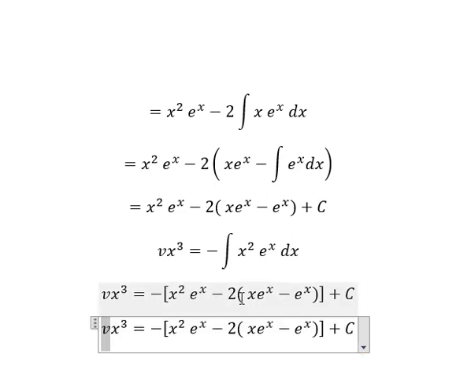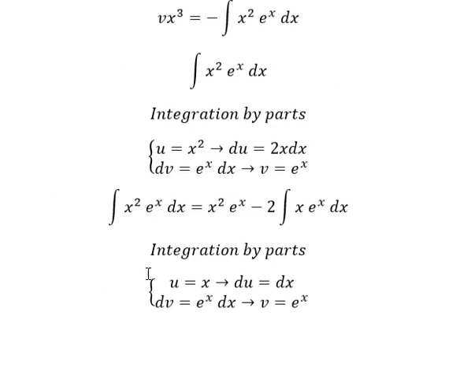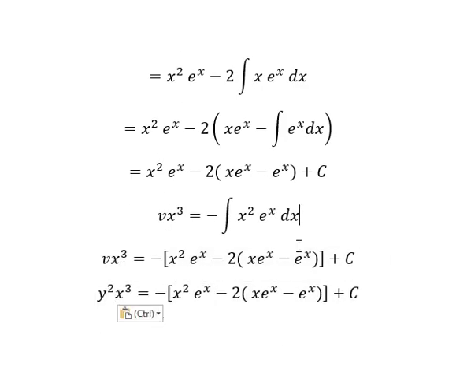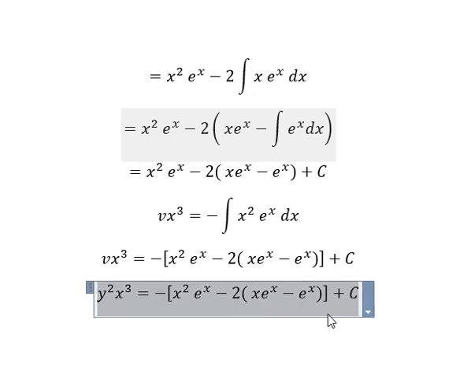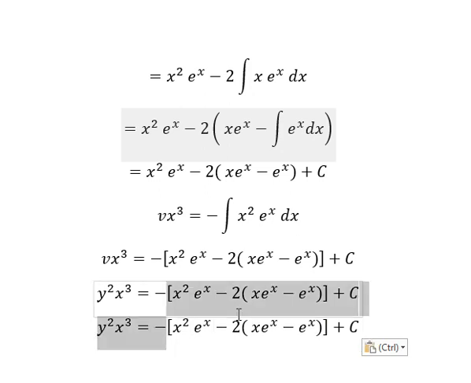About v, that is this one. Next, we need to simplify. The negative will change the sign of this one and this one.